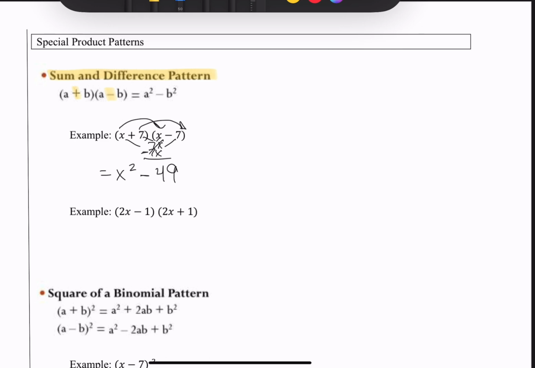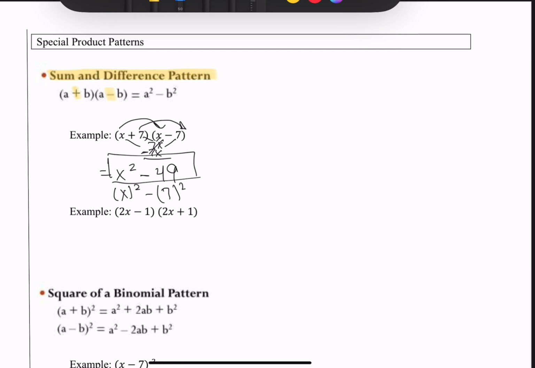We call this a difference of two squares because x is actually a base of x squared, and 49 is actually a base of 7 squared, hence the difference of two squares. Your actual answer when you multiply a sum and difference pattern is the difference of two squares.